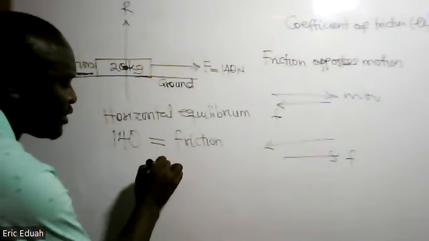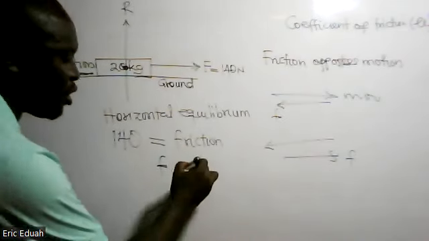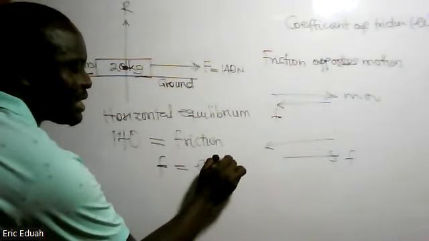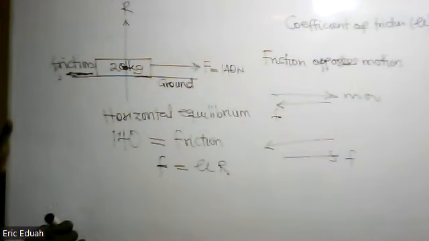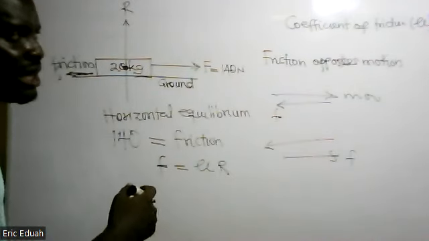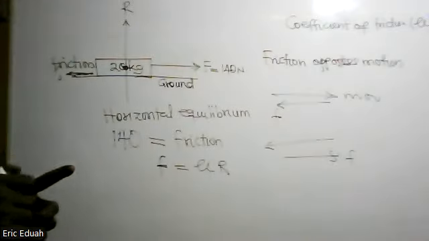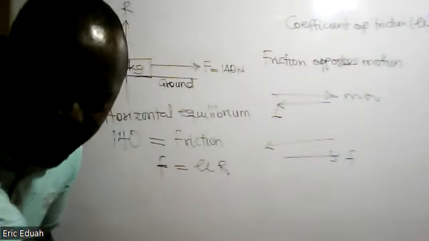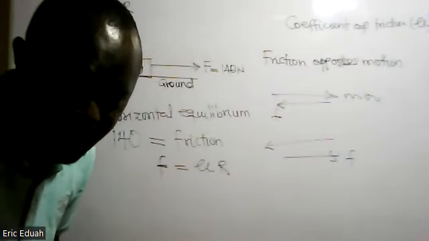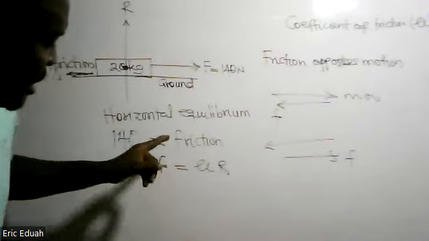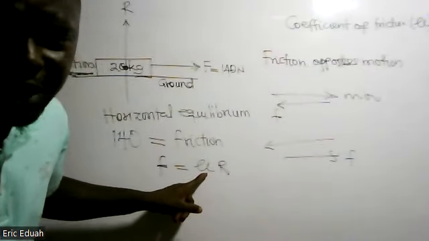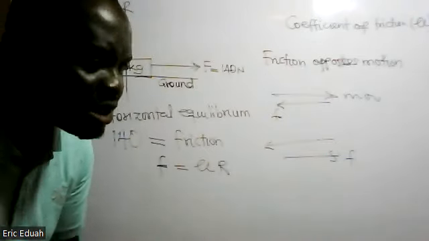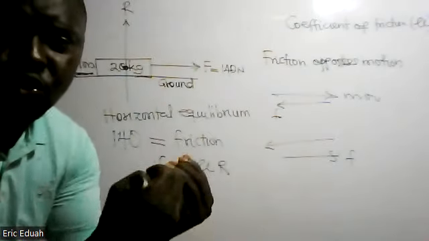Now, how do we calculate friction? Frictional force is equal to the coefficient of friction times the reactional force, R. The coefficient of friction is a quality of the surface on which the body moves. If the surface is too rough, the value of mu, the coefficient of friction, is high. If the surface is too smooth, the value of the coefficient of friction is too low.